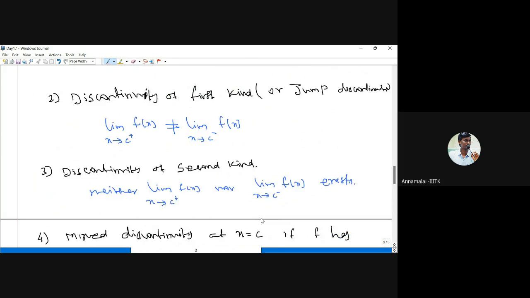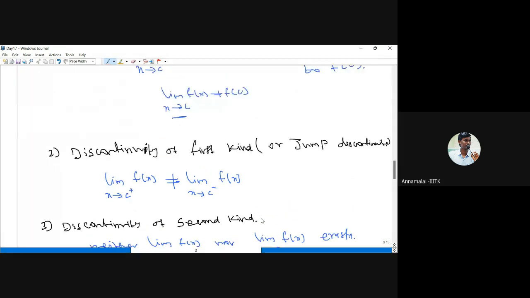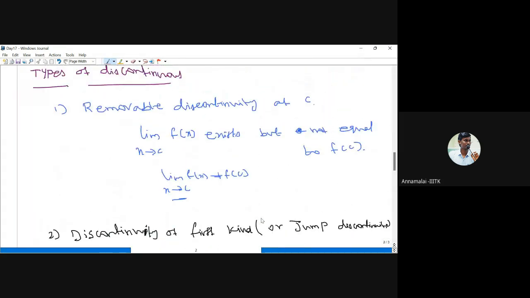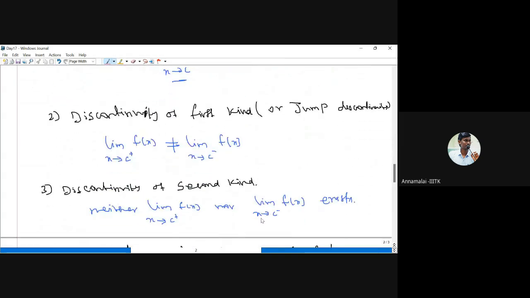Second kind is when the limit does not exist; if it exists from the right but not from the left, we say it's a mixed discontinuity. In the question they will ask about the mixed discontinuity, but you should know the first three: removable discontinuity, discontinuous of first kind, discontinuous of second kind. Discontinuous of first kind we call a jump discontinuity.